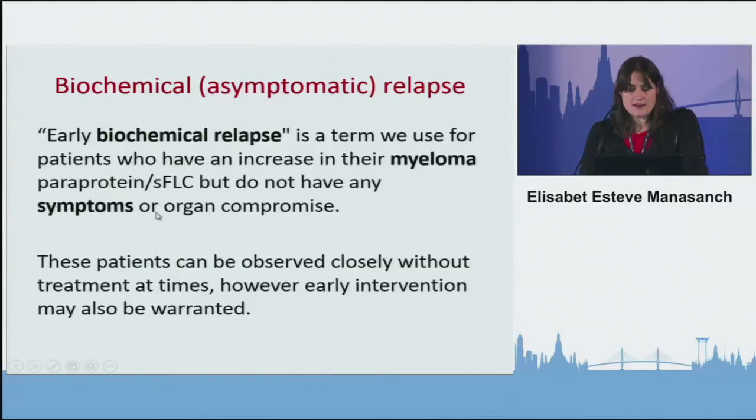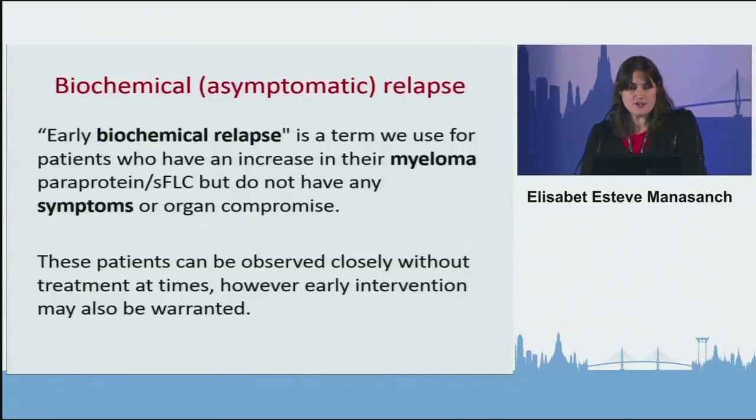We can also divide the relapse between asymptomatic and symptomatic. Biochemical relapse, or an early biochemical relapse, is a term we use for patients who have an increase in their myeloma paraprotein or light chains, but do not have any symptoms or organ compromise. These patients oftentimes can be observed closely without treatment.